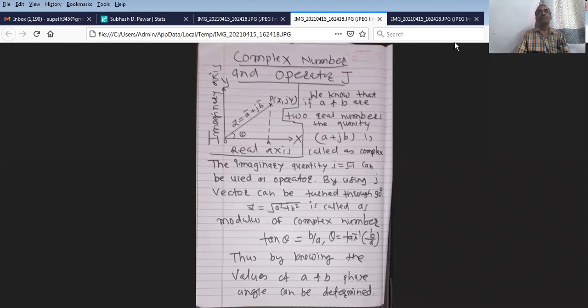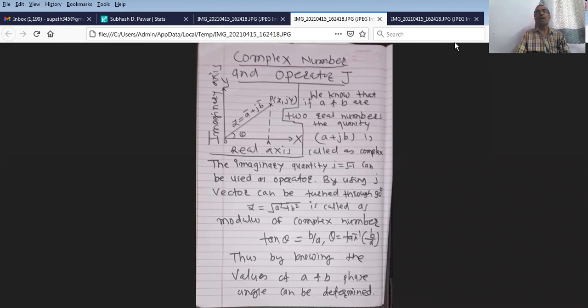My friends, if you learn carefully the difference between real and imaginary, you see the imaginary axis here is the y-axis. In the case of an inductor, the voltage leads the current by 90 degrees.